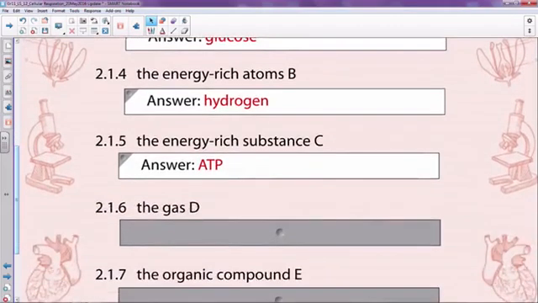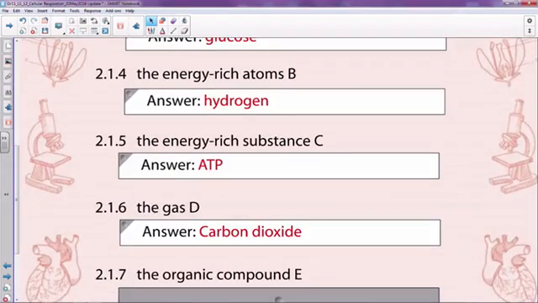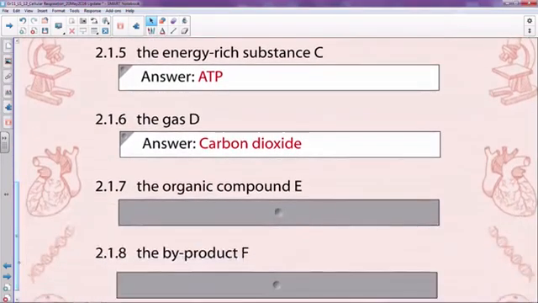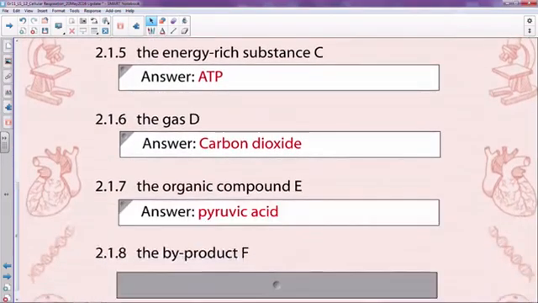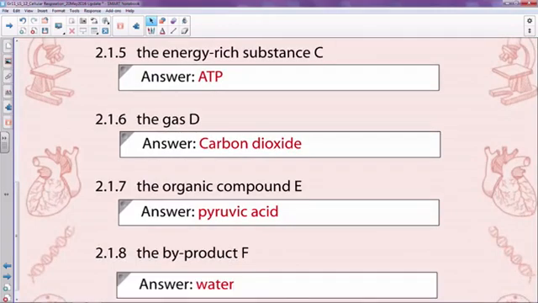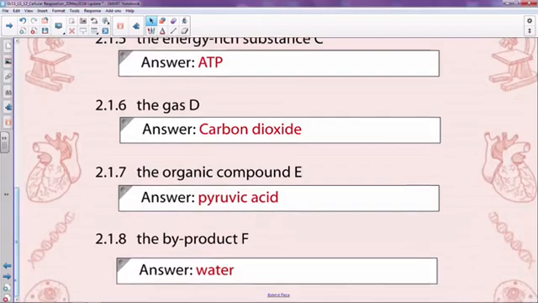The gas D was carbon dioxide, and the organic compound E, we said, was pyruvic acid, which is what happens to glucose when it's split up. And then the byproduct F was what happens to the de-energized hydrogen atoms, and we said that they combine with oxygen to form water.